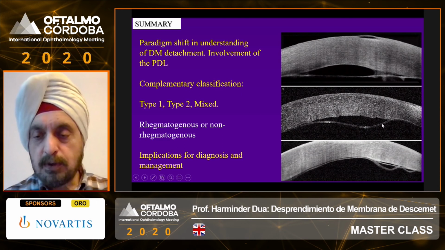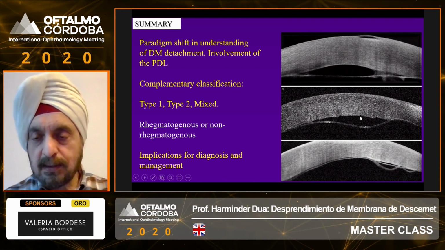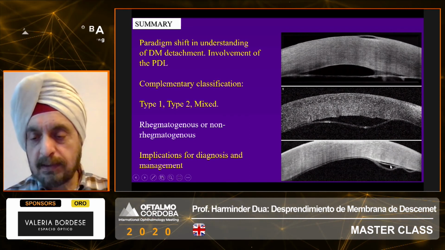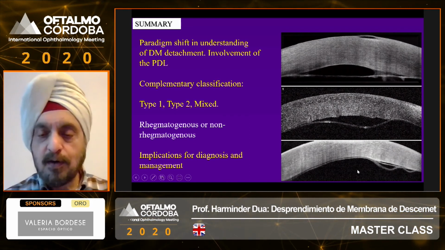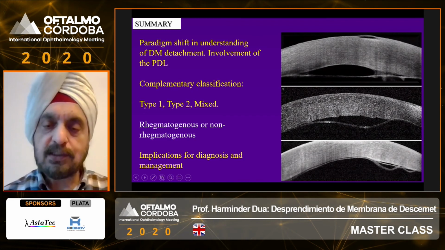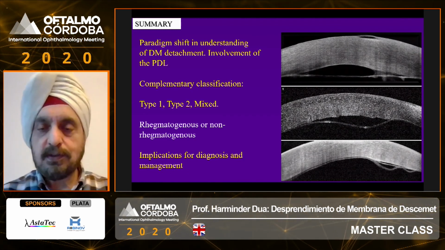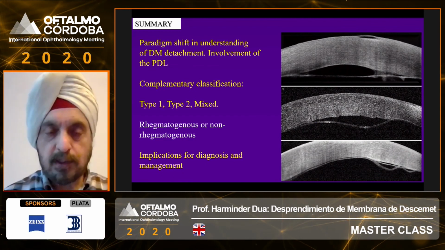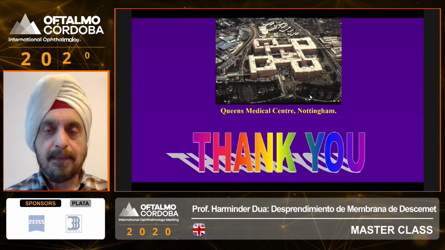Whereas the type 2 detachment will settle, and the mixed detachment with air, this part may go back, but that may not go back. So again, we will learn from each other's experience how we treat these three different types and find out the best way to deal with it. Thank you very much.